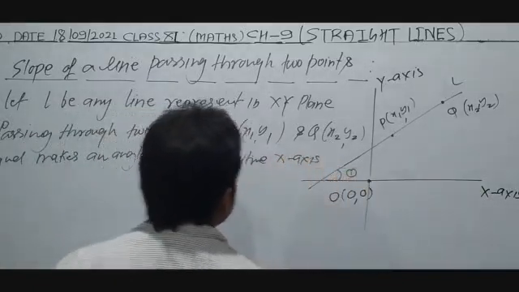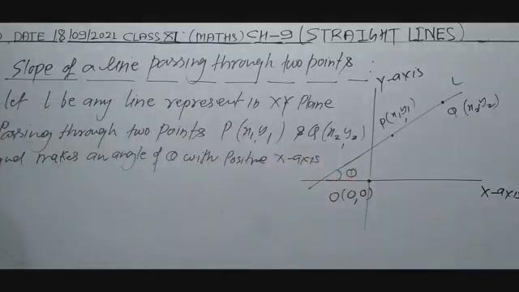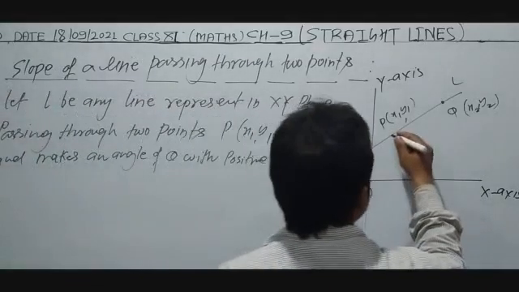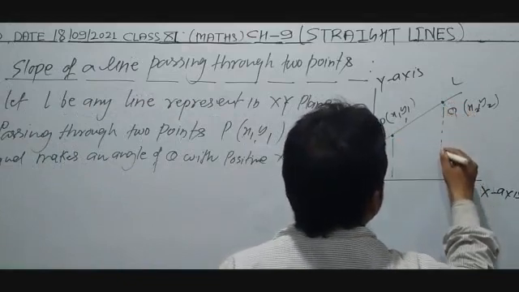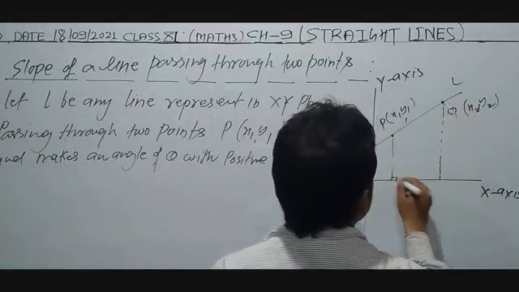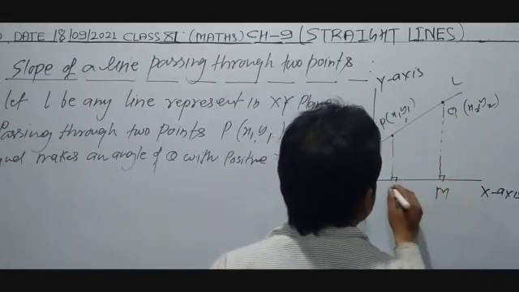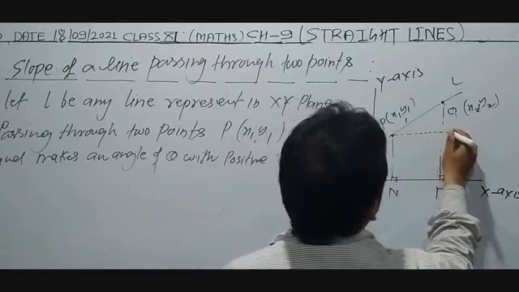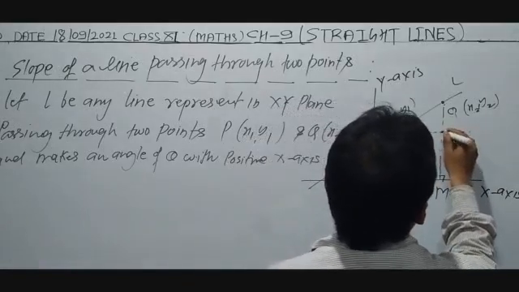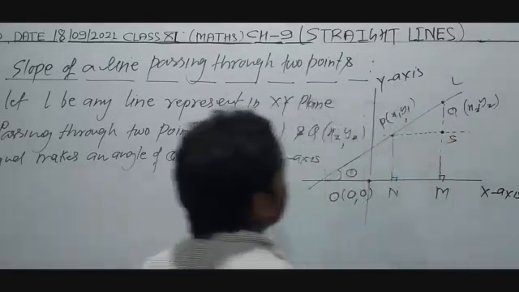Suppose this is angle theta. Now you have to draw the perpendicular from P and Q. Suppose this is the perpendicular drawn from P and Q on the x axis. This is M and this is N. Now a line parallel to the x axis and passing through point P cuts the line QM at a point S.